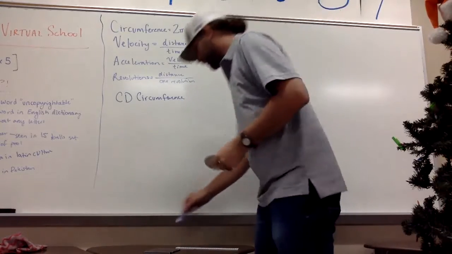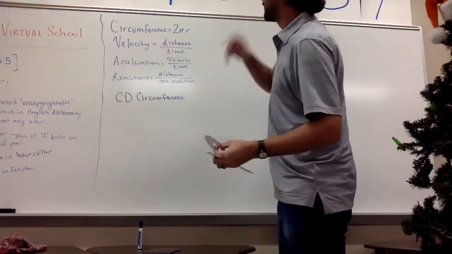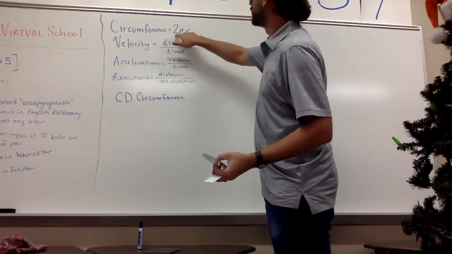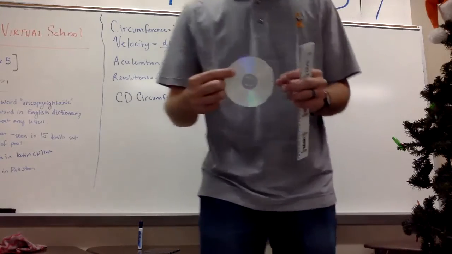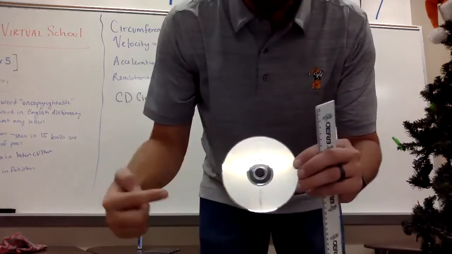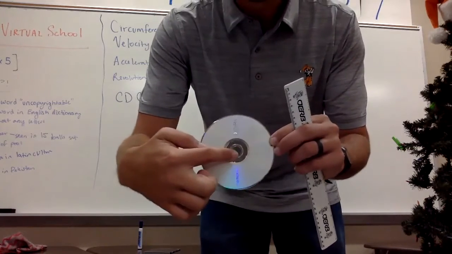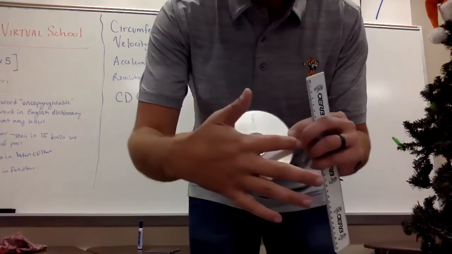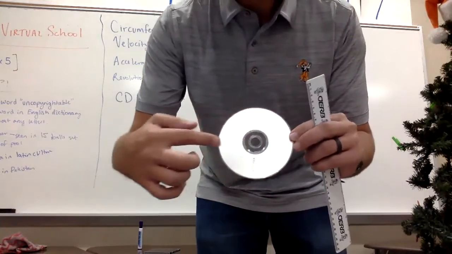The equation for circumference is 2 pi times the radius. If you remember from geometry class, the radius of a circle is the distance from the side to the middle, whereas the diameter goes all the way across through the middle.